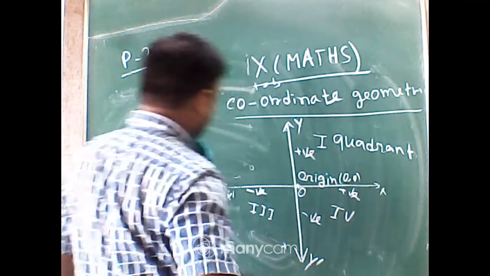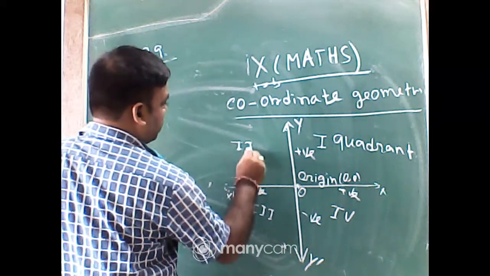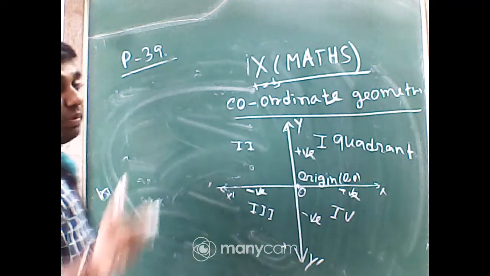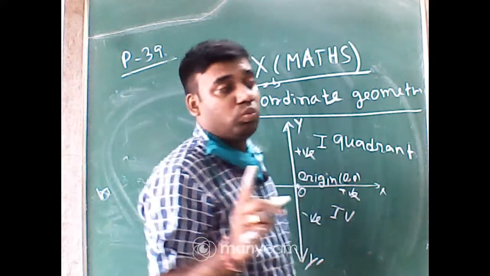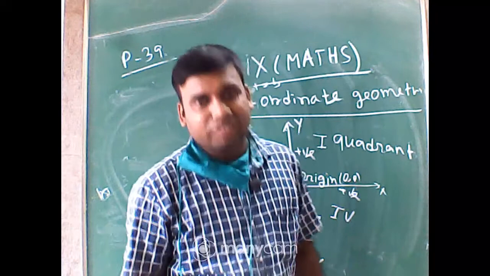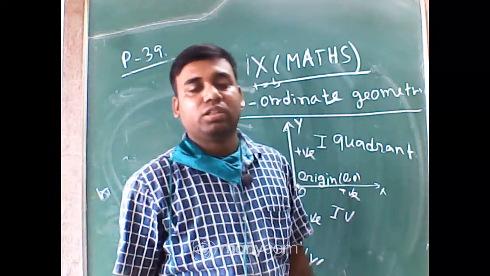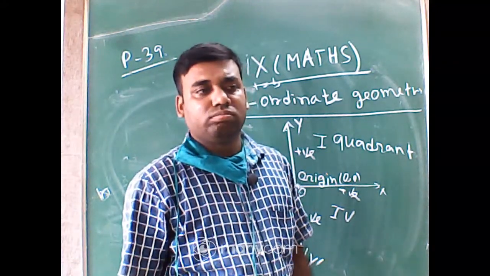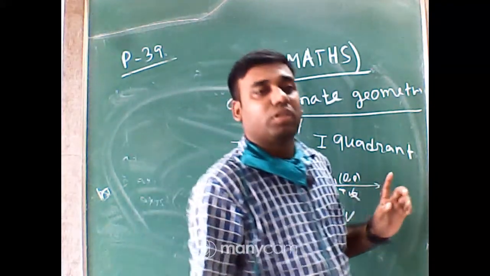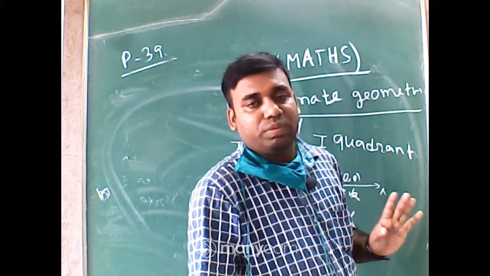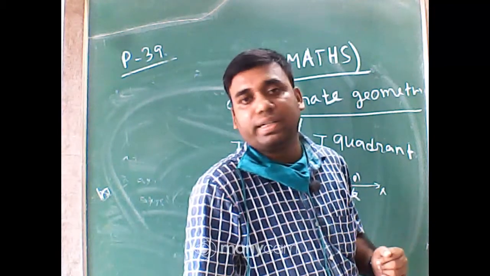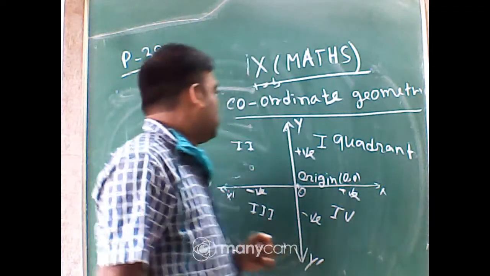One thing, students: I want to discuss all the questions chapter by chapter, so that when you face the question paper, if you attend all my revision classes, you will find that all the questions have been discussed.